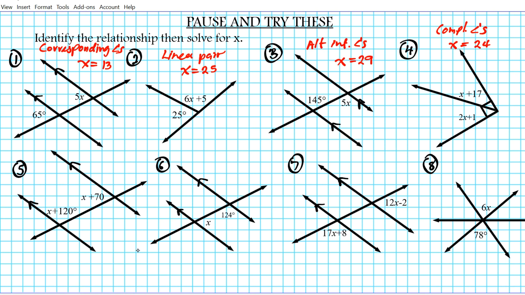For number 5, these are same side interior angles, and the value of x in this problem is -5. An angle can be negative, so x is -5. Okay, moving on to number 6.